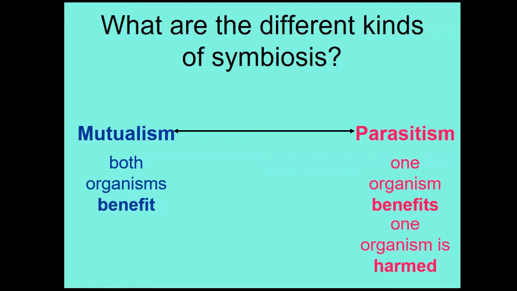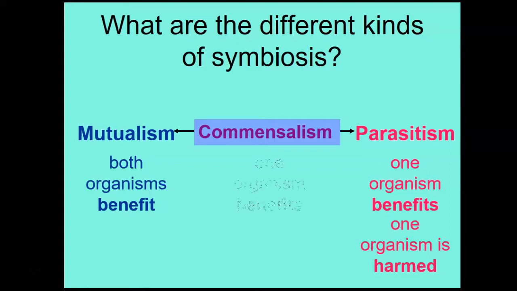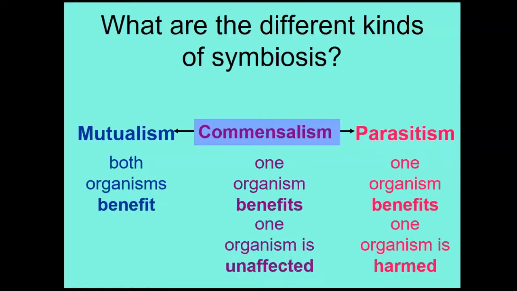And the third kind is commensalism. In all of these, at least one organism is going to benefit, but in commensalism, the other organism is unaffected. Okay, so feel free, again, to pause this video and make sure that you get these notes down.